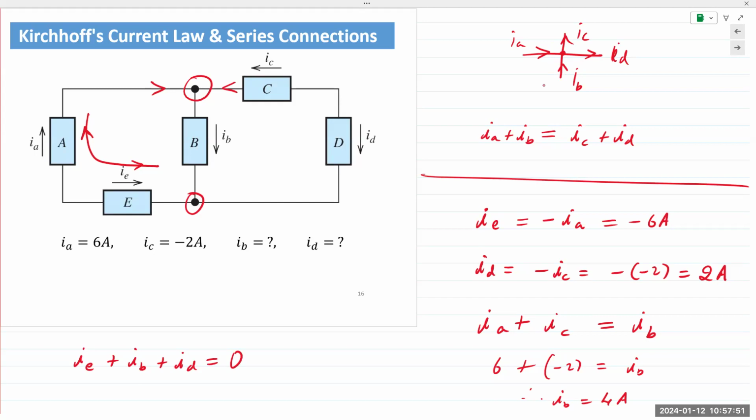All lights are green. Let's plug in the values. IE came as -6. IB we just found was 4. And ID was 2. Equals 0. There you go. So mathematically it balances out.